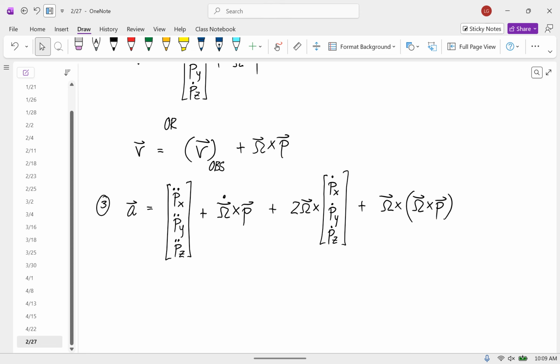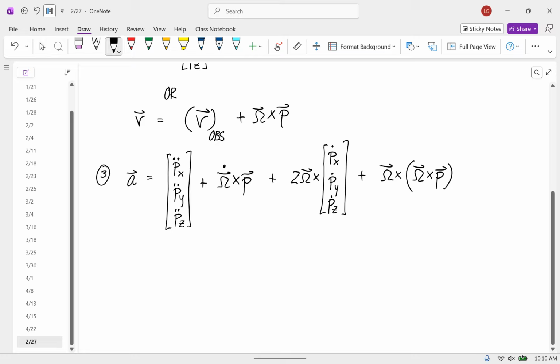And 2 of these 4 terms look a lot like the terms in the acceleration for a particle in circular or spherical motion. So be sure that you understand the differences, what the different variables mean and stuff. And we can also write this in the other way.